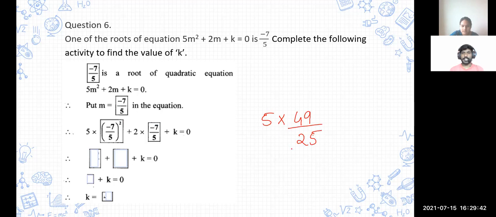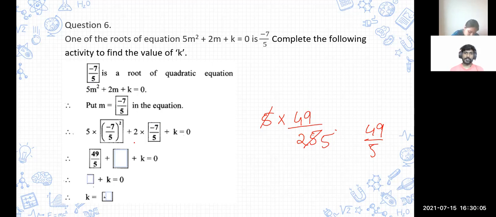But you can see something is getting cancelled. 5 ones are 5, 5 fives are 25. So you have 49 upon 5. But 49 and 5 are not divisible, so leave it like that only. In the next step, you will be able to do it. So 49 upon 5, write it as it is.